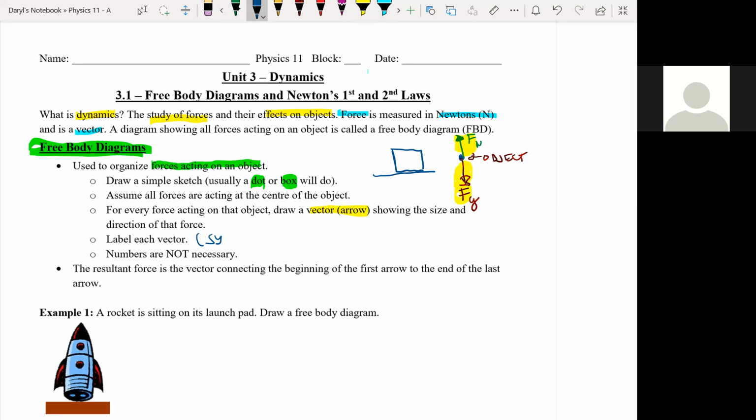For example, for the normal force, you don't have to write normal force, you can just write Fn. Numbers are not necessarily written there. And the resultant force is the vector connecting the beginning and the end of the arrow.